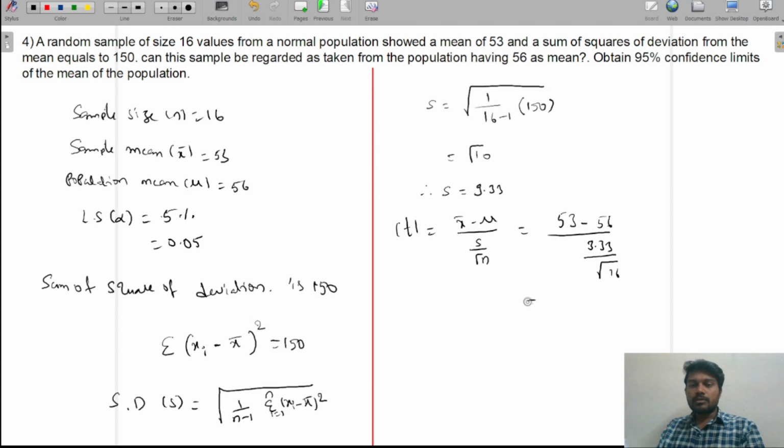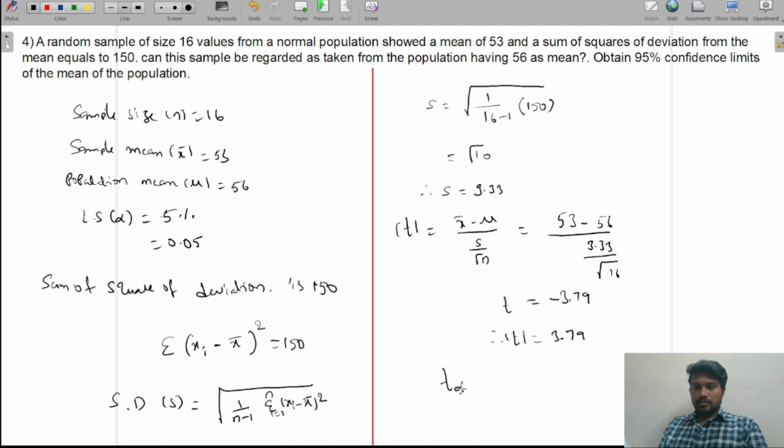So the solution of t is minus 3.79. Therefore modulus of t equal to plus 3.79. See, this is the value of t and this is the value of modulus of t. So now I got the value of modulus of t. Then we need a value of t alpha.